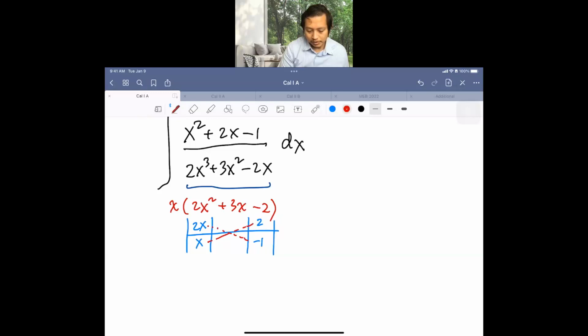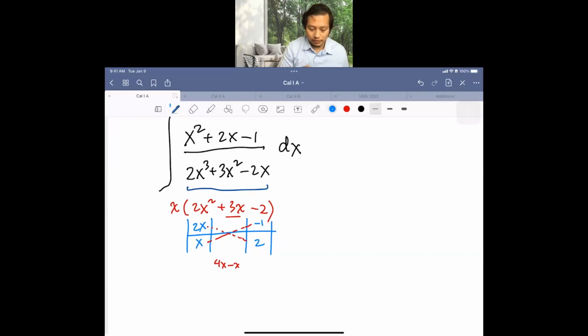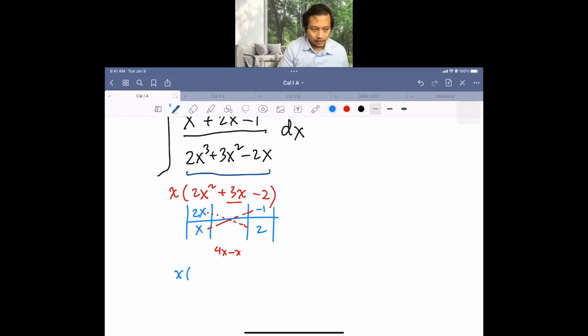Minus 2x plus 2x should be 0, so it doesn't work, so we need to change to minus 1 and 2. When we multiply these two, the first one is 4x minus x, which is the same as 3x, so this will be our choice. So we could write x, 2x minus 1, and x plus 2.